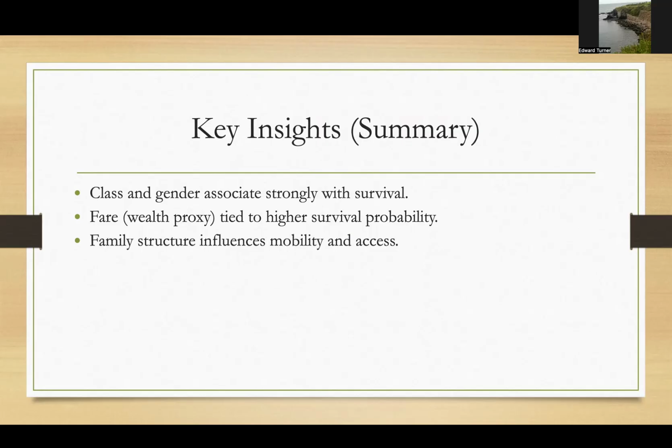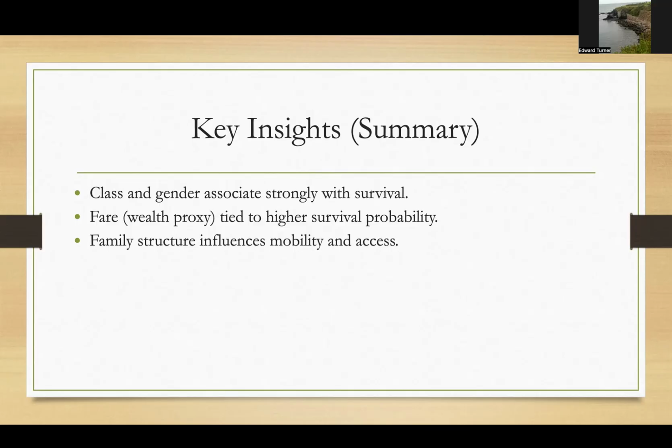Now, in general, as we stated before, the class is strongly associated with survival. We saw that. But the gender, the sex, is also associated strongly with survival. And you saw more women, more females, being individuals that survived more so than the males. And so we have that as a measure to understand who's most likely to survive.